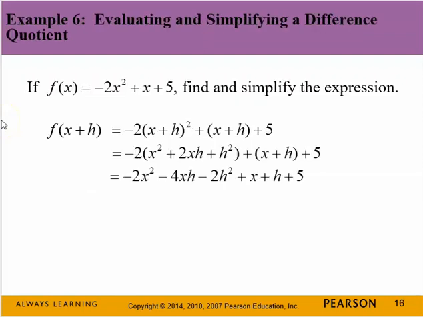So here in example 6, this is the function, and we are asked to replace the x with x plus h. So there was the original x. We're replacing that original x with this.